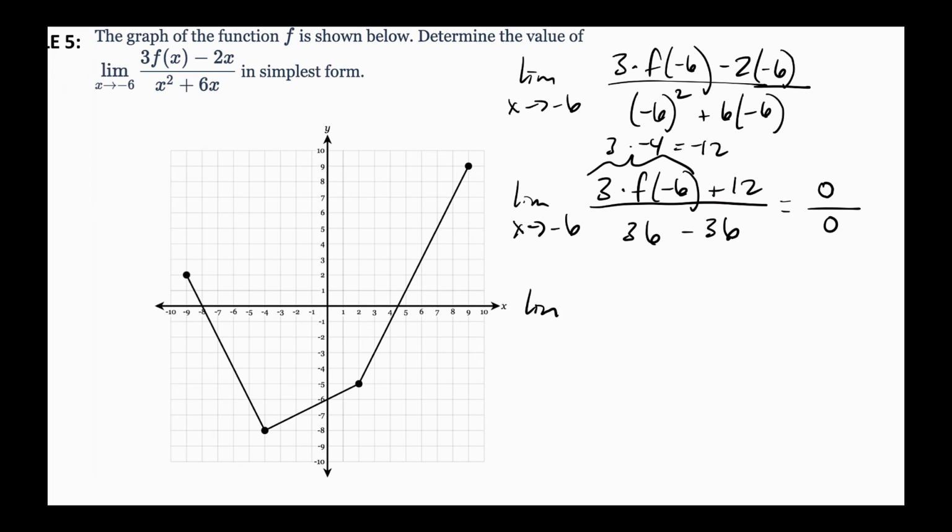All right, so I have the derivative of the top, 3 times f of x. What is the derivative? This guy over here is just going to be minus 2, right? So let me write that down. Minus 2. How do I find the derivative of 3 times f of x? What is the derivative going to be there?